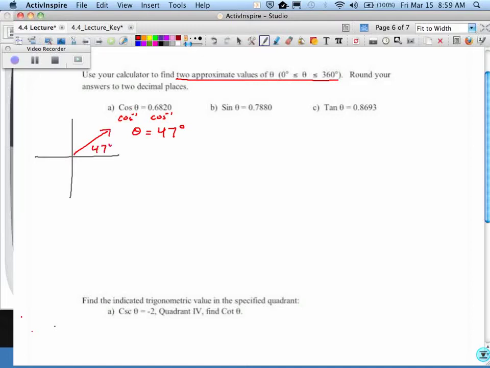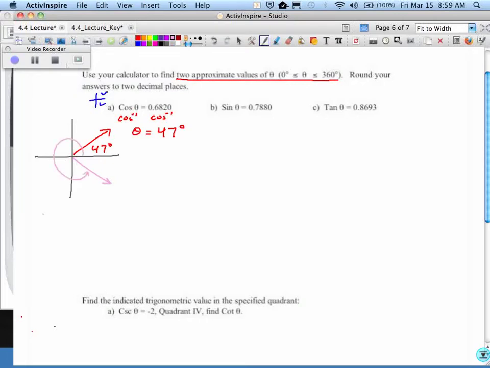Now, cosine. Where is cosine positive? First and fourth. So what I want you to do is draw a terminal side in the fourth quadrant, and we're going to find that purple angle, because there are two answers every time you do one of these.